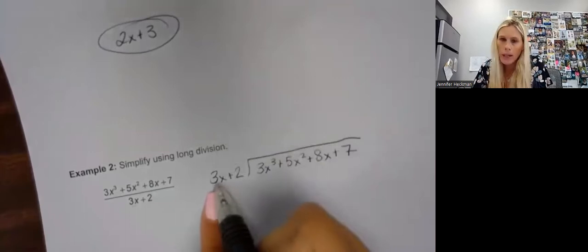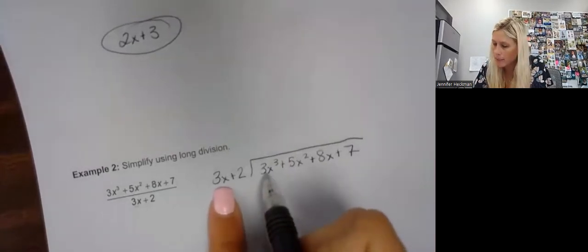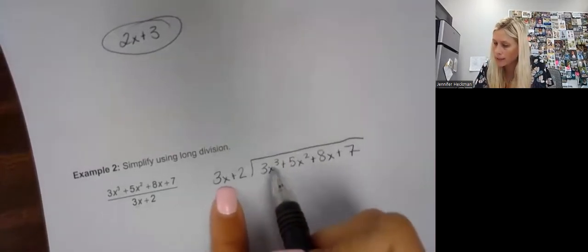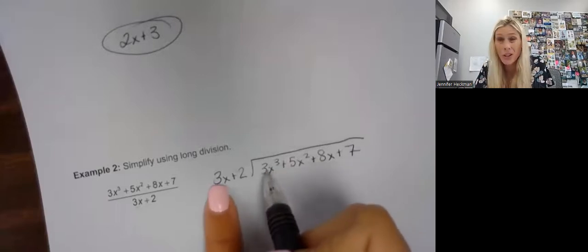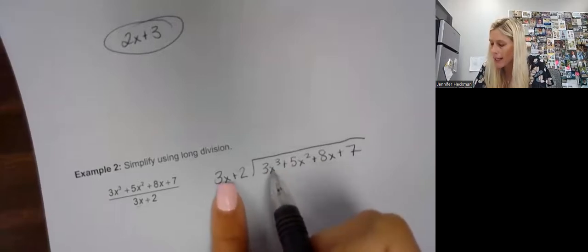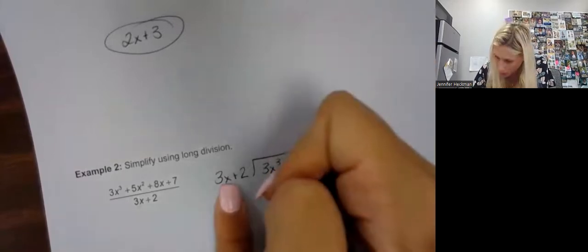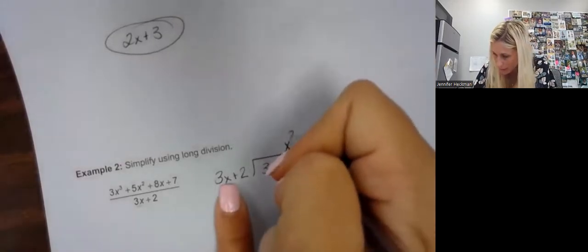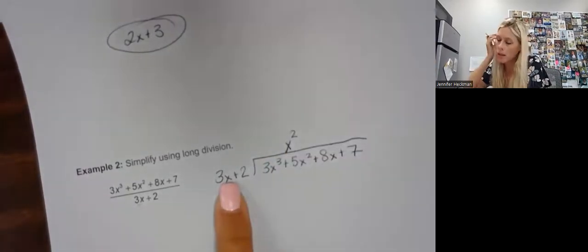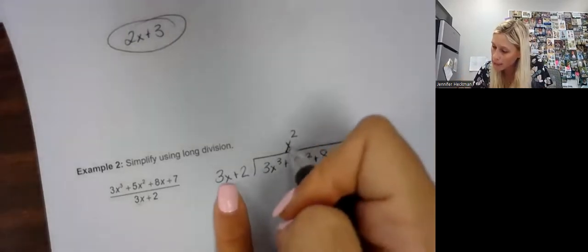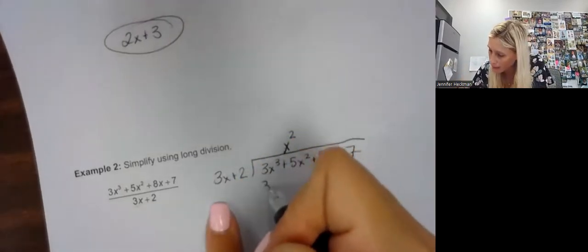What do we multiply 3x by to make it look like 3x cubed? Well, the 3's are good, right? But x times what is x cubed? X squared. All right, let's multiply. X squared times 3x is 3x cubed.